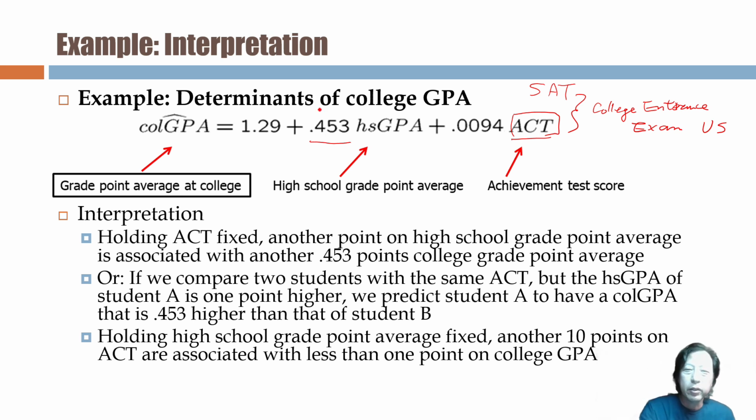But this magnitude does not tell you the strength of the impact, because the GPA range is maybe 0 to 4.5, right? However, the ACT score is like 30, 40, about a 10 times greater scale.